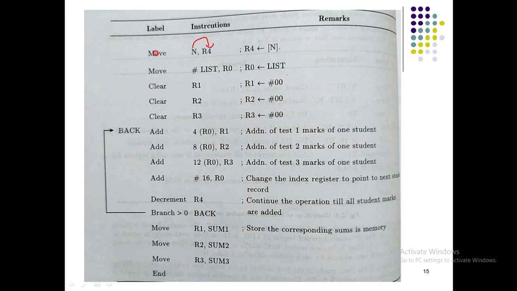Next thing, we'll be moving the list. Whatever the list values we have, the values of list will be moved into your register R0. Whatever the whole list is there, it will store the starting address, SA, of this list so that it goes on reading.